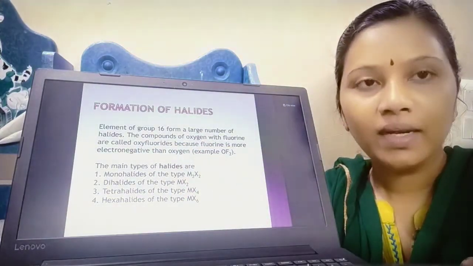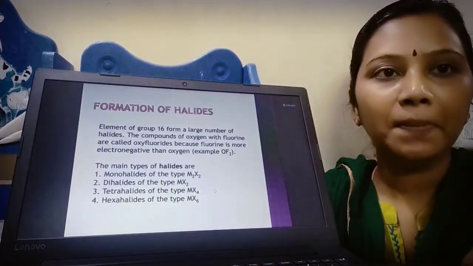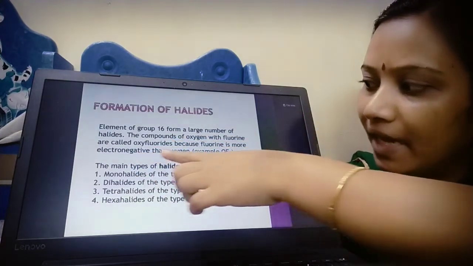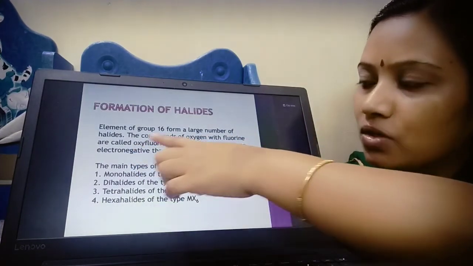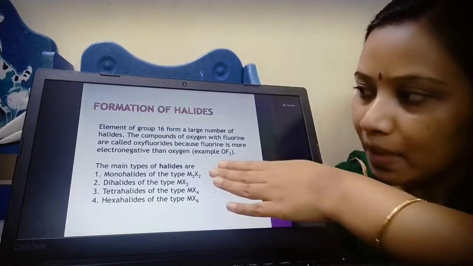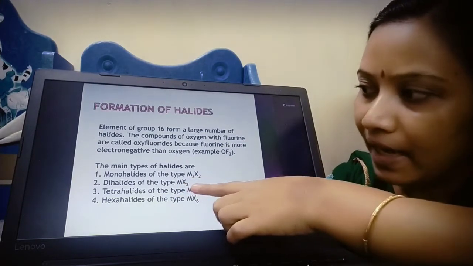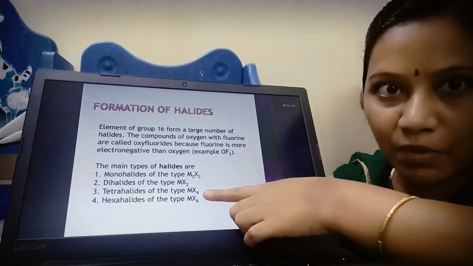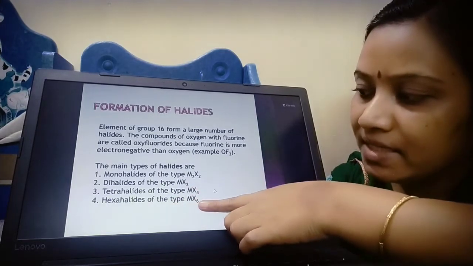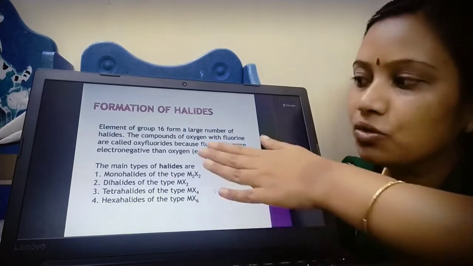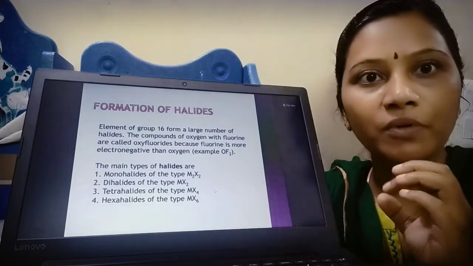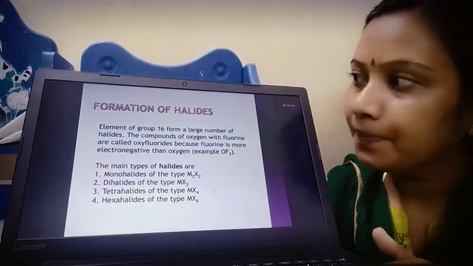Oxygen is also electronegative, but comparatively fluorine is more so. So what types of halides are formed? These are monohalides, dihalides, tetrahalides because of 4, and when 6 is there, hexahalides. So these are the types of halides formed from group 16 elements.